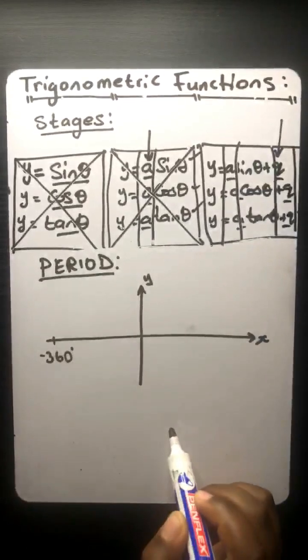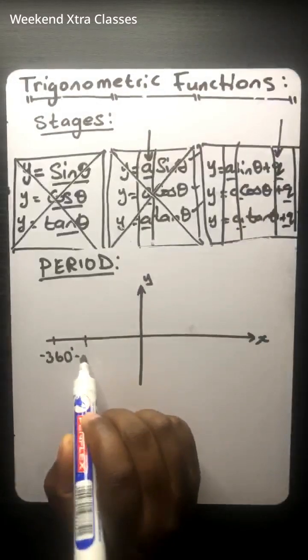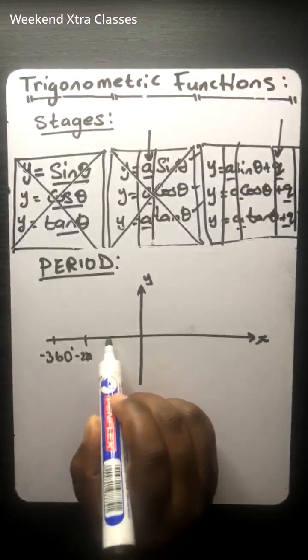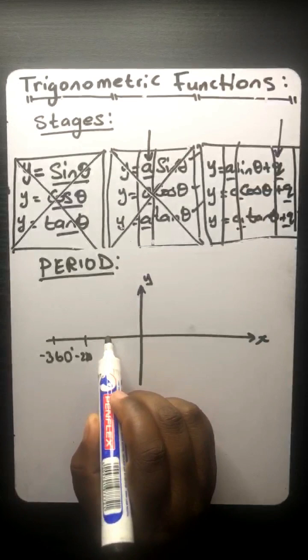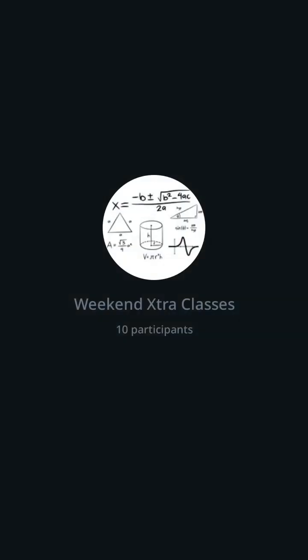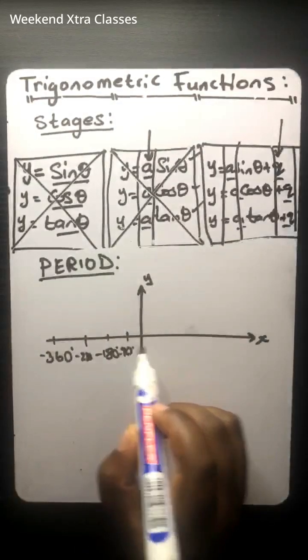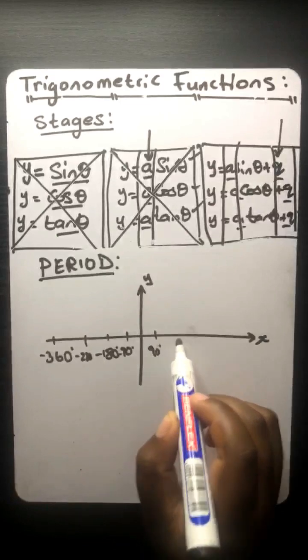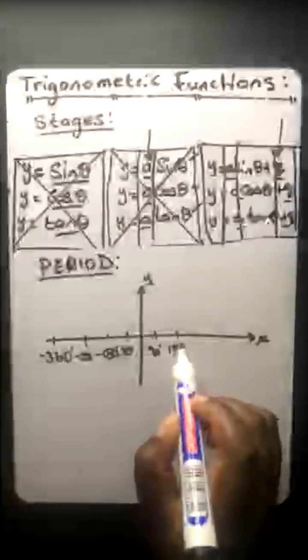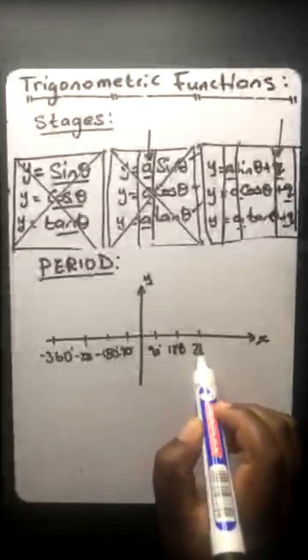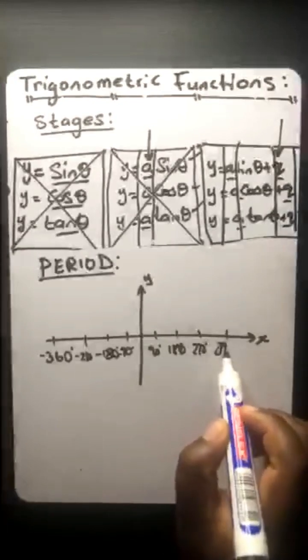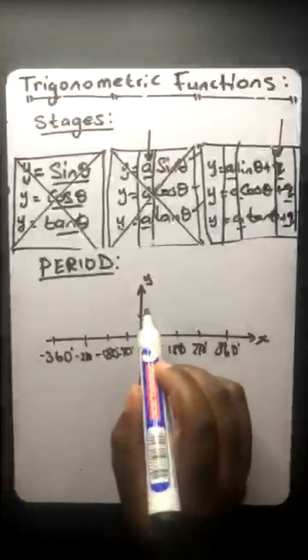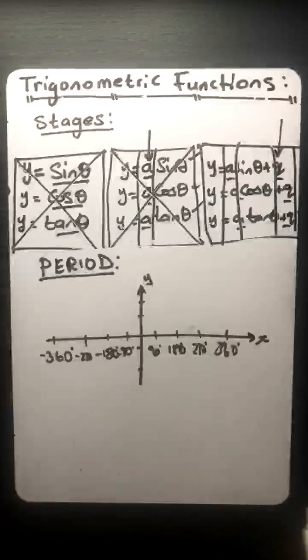So let's see. Let's say we have negative 270 there, and then negative 180 there, and then negative 90 there, 90 there, 180 there, 270 there, and then 360 there.